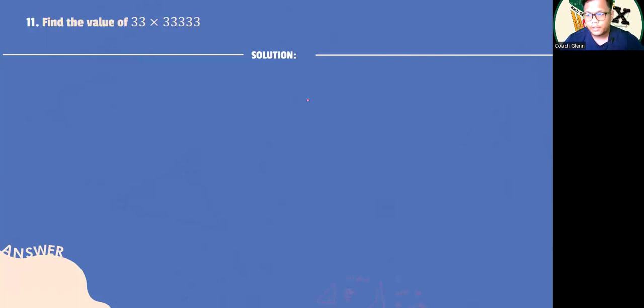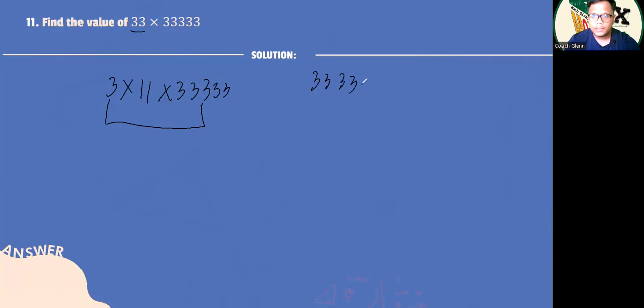Our technique here is first, we turn this one into 3 times 11. After that, we solve this one. 3 times 3, that's just equal to 99999.